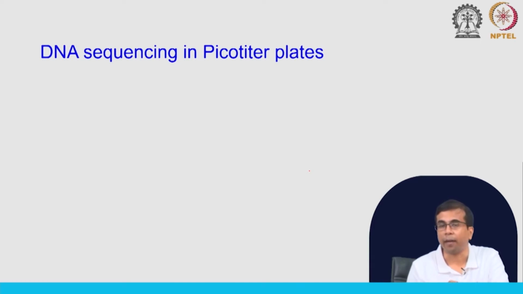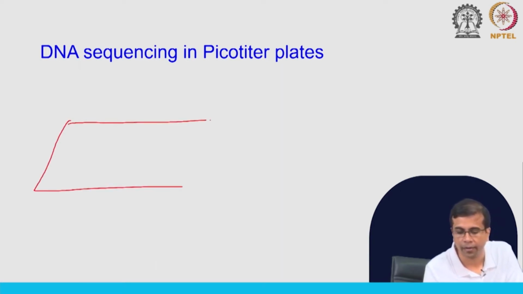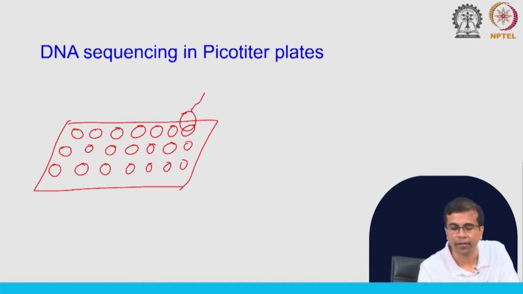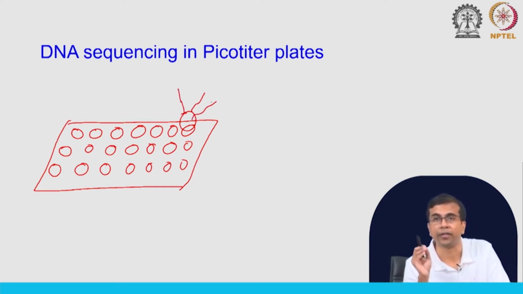So, the sequencing happens in picotiter plates. These are plates like this. Here you have these wells, and there are 100,000 wells. Each well is designed in such a way that you have one bead per well, and this bead contains all these DNA molecules, which are clonal copies, copies generated from just one molecule.